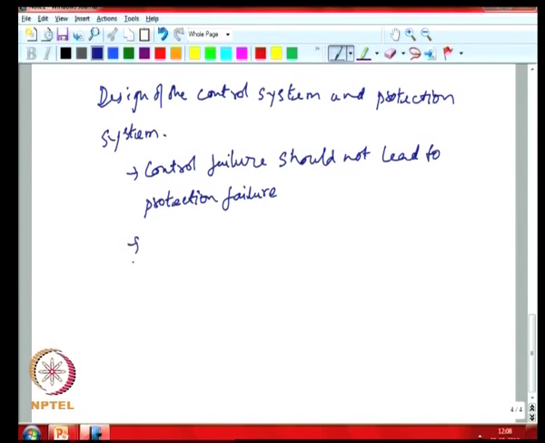And your protection system should be able to safely shut down your overall system in case of a control failure. Okay.